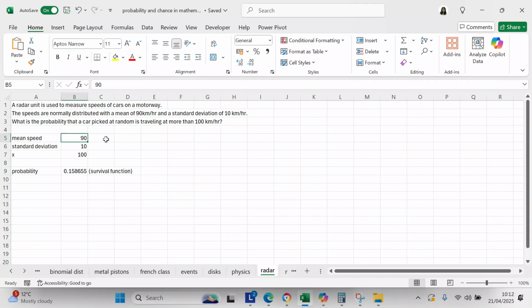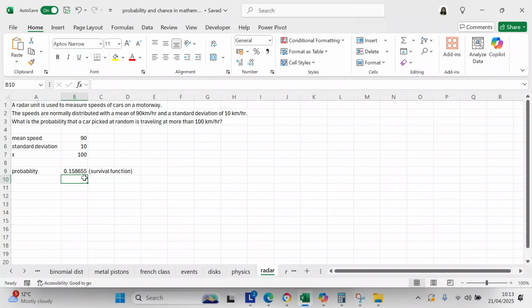So we've got the mean speed is 90, the standard deviation is 10, and x is the value we're looking for, which is 100. So the answer to this question is 1 minus norm.dist, brackets B7, B5, B6, and true. And that's 15.86%, and that's also the survival function.